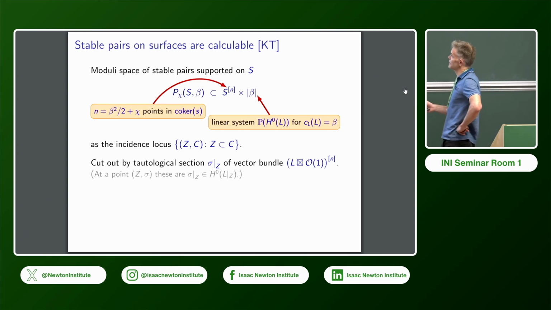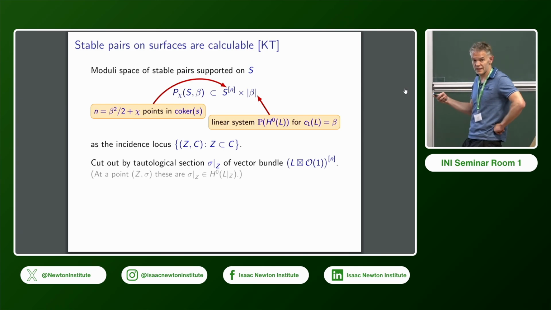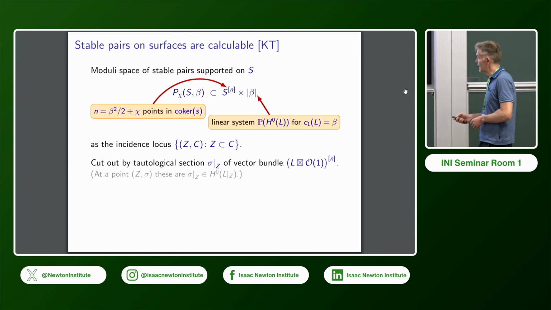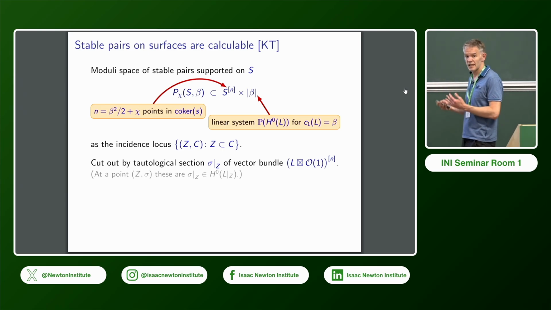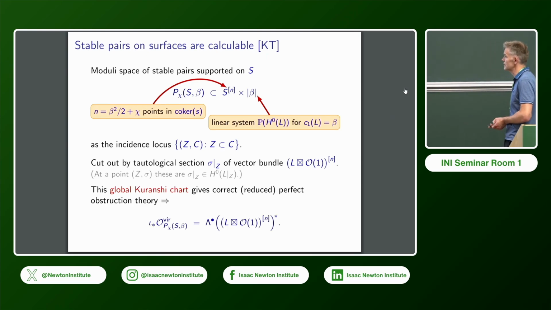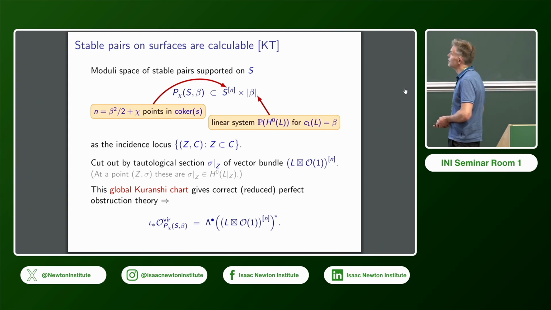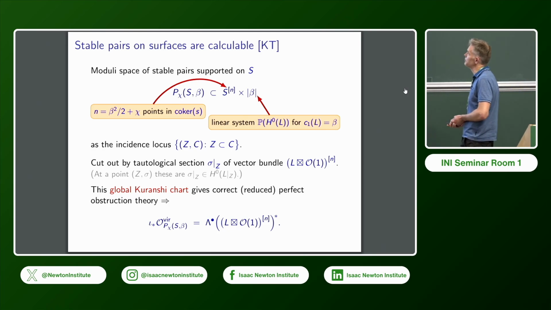So even though it's singular in general, so when beta is divisible, for instance, this space will be singular, this section of this vector bundle won't be regular. It doesn't matter. The virtual cycle is still what you expect it to be. It's the Euler characteristic of this vector bundle on this ambient space. All right? So you can really compute. And the virtual structure sheaf is just the Koszul complex on the dual of this vector bundle. Okay? So you can really compute.